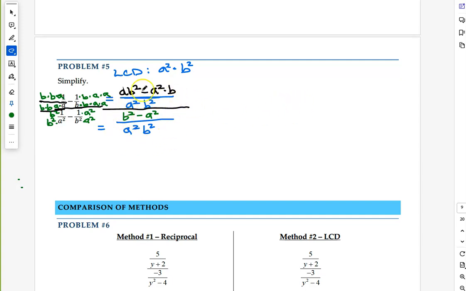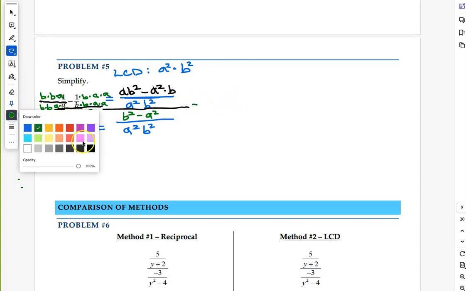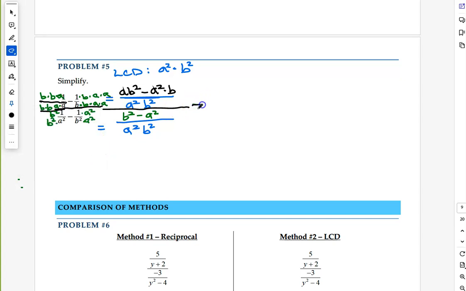But when we get it to this point, then we can say, okay, I'm going to flip and multiply and see what I end up with here. And I want to see if anything can divide out as well. It doesn't matter which order I do it in. Maybe I'll do the flipping now so I don't forget.